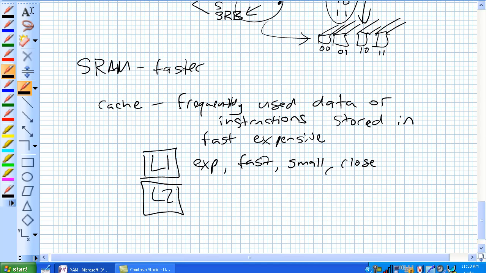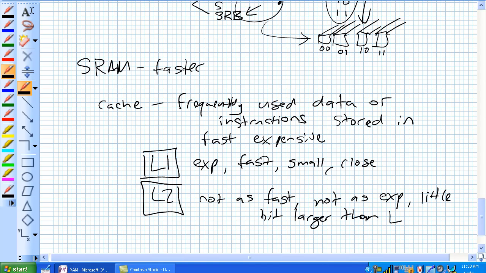Then there's an L2 cache, which is not as fast. As a result, it's not as expensive, but still pretty expensive. And just a little bit larger than our L1 cache.